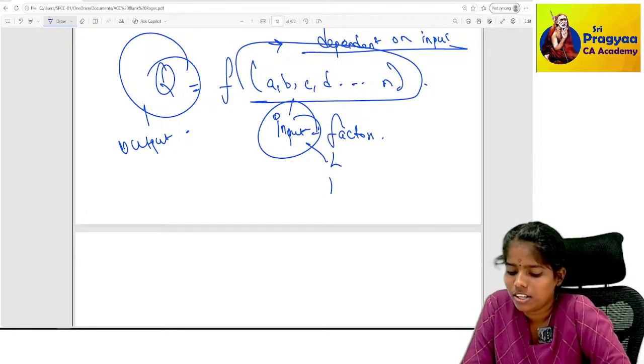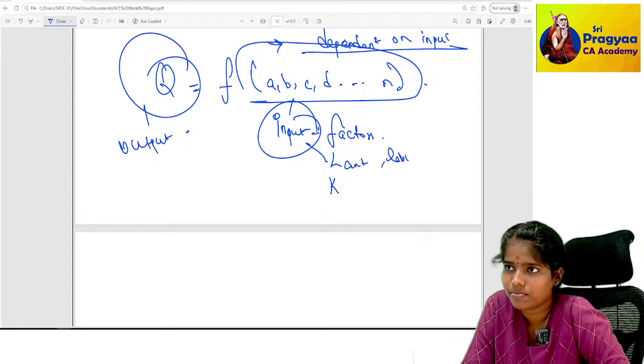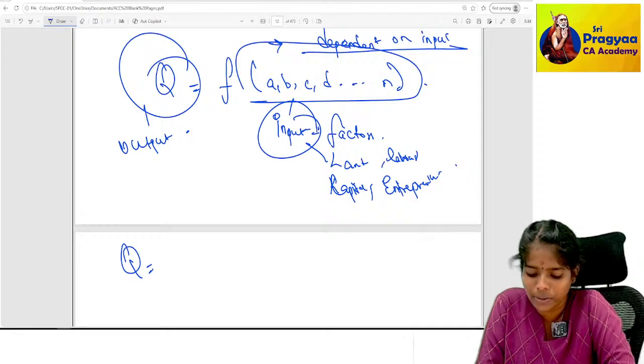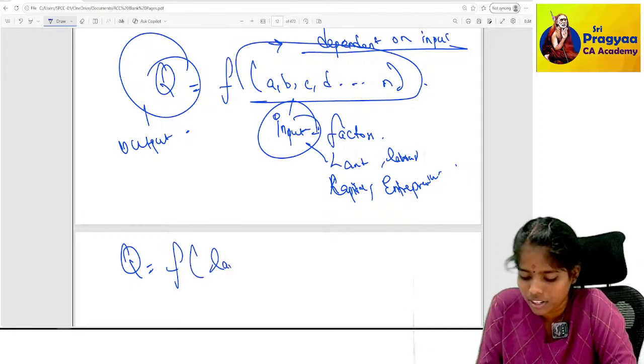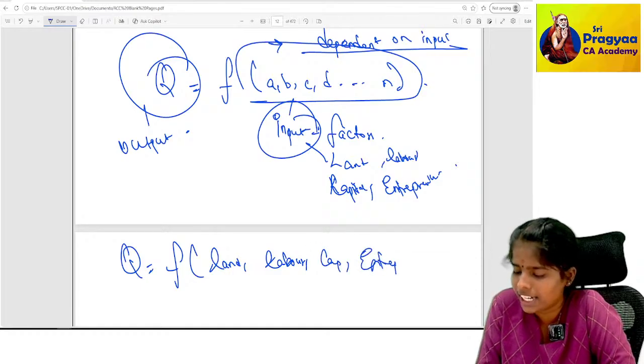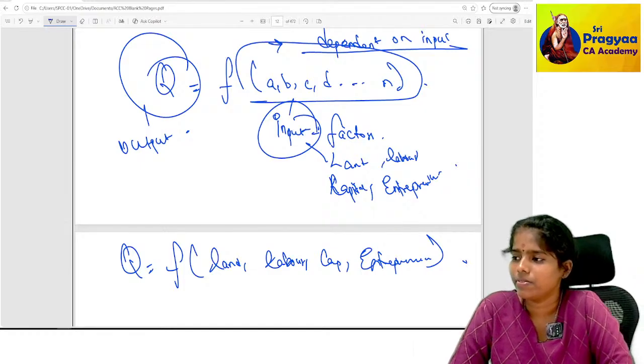Land, labor, capital and entrepreneur. So Q is equal to nothing but function of land, labor, capital, entrepreneur. Correct? Is this correct? Yes.